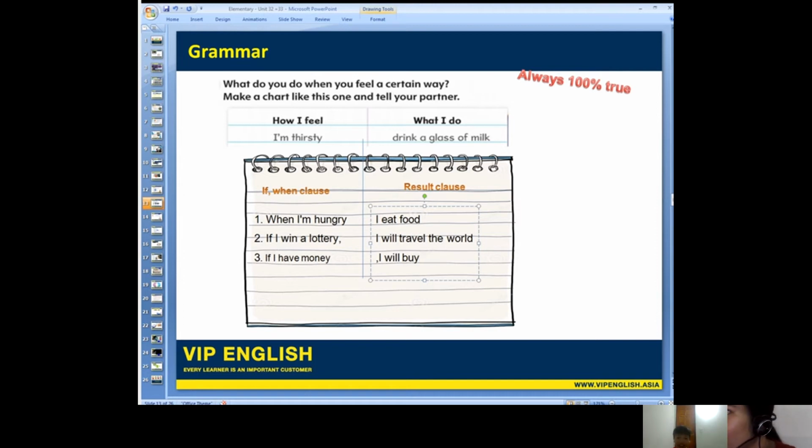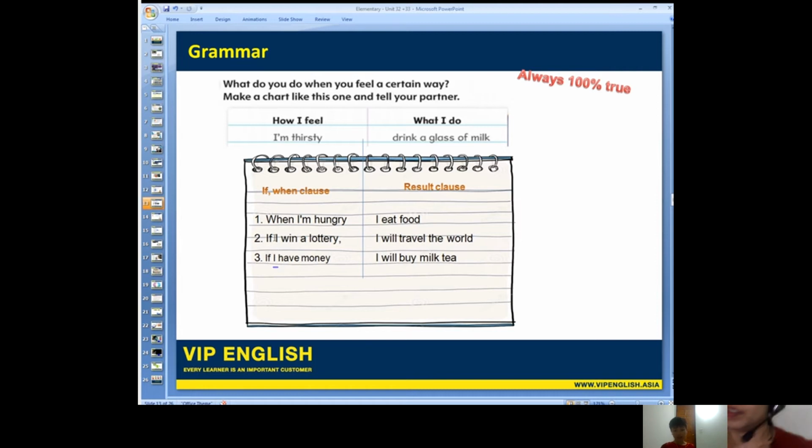Milk tea. Oh, you will buy milk tea. So you like milk tea. Why? Your mother doesn't want you to buy milk tea? So you will buy milk tea. Okay, very good.